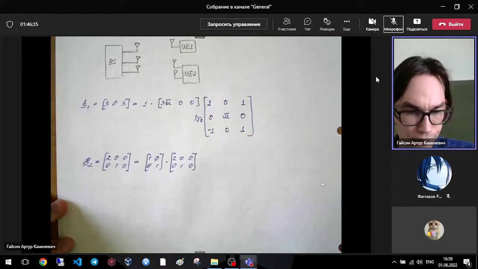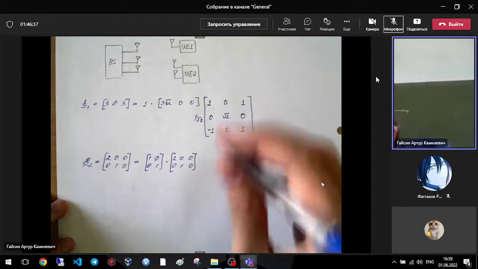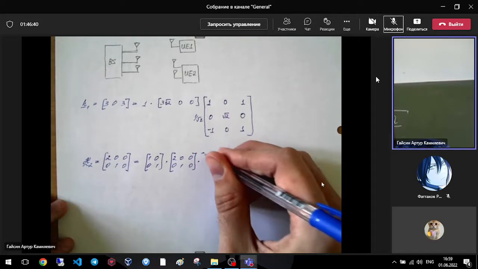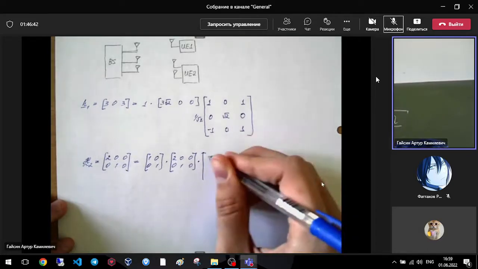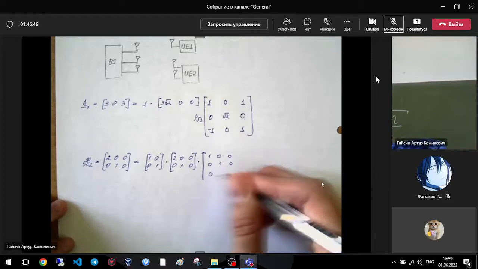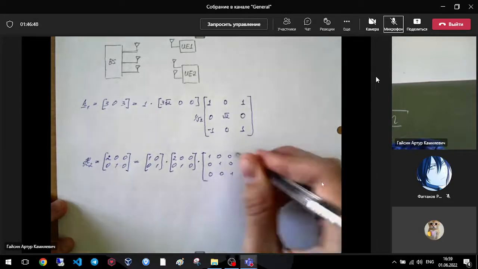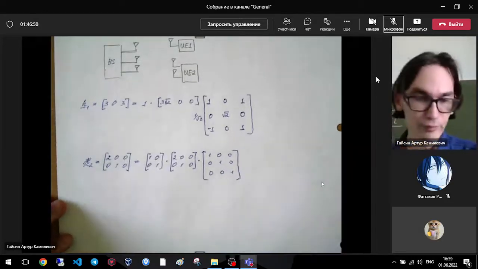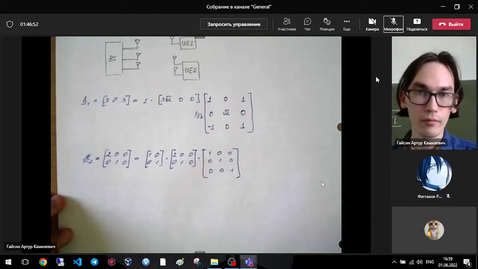And the last thing is the right unitary matrix, which is also the identity matrix of size 3.